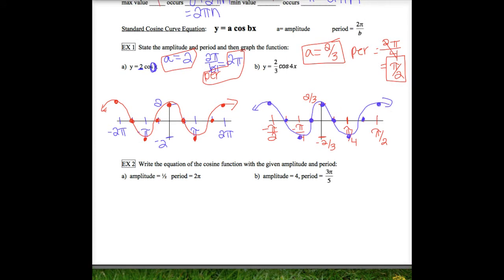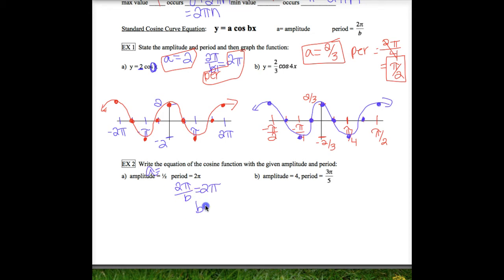All right, so last thing that we need to do is to be able to write the equation of the cosine function when they give us the amplitude and the period. So the amplitude's the easy part. That means that my A is 1/2. If the period is 2 pi, then because 2 pi over B equals the period, my B value has to be 1, because the period has not changed from the parent graph.